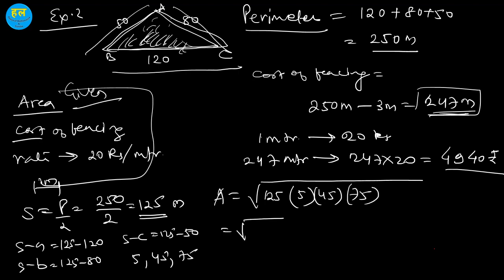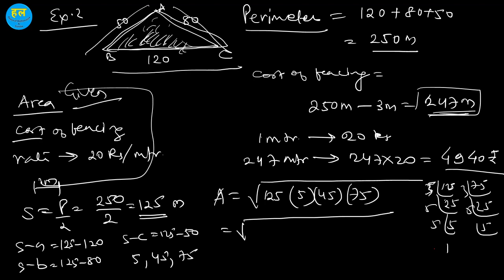When we put it in the factorized form, what we get here is 5 to the power 3 into 5 into 3 square into 5 into 5 square into 3.